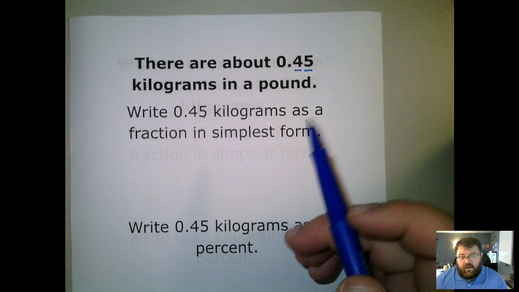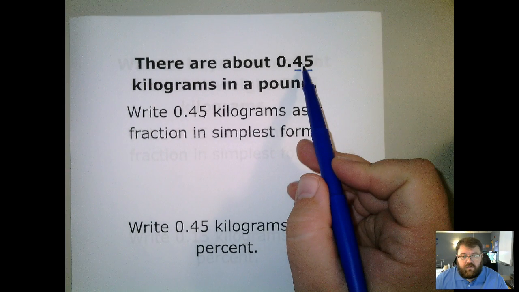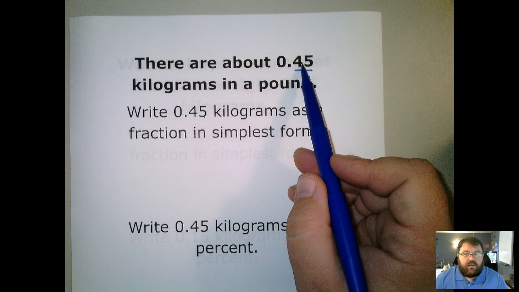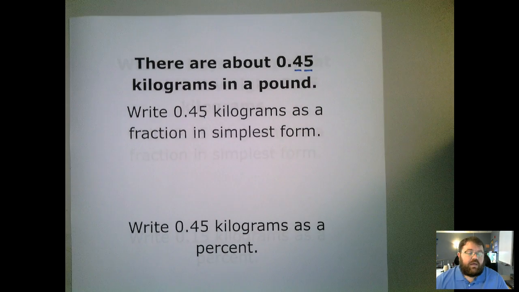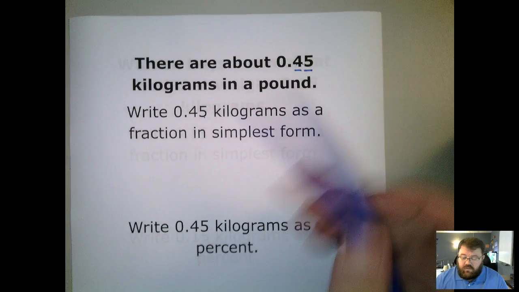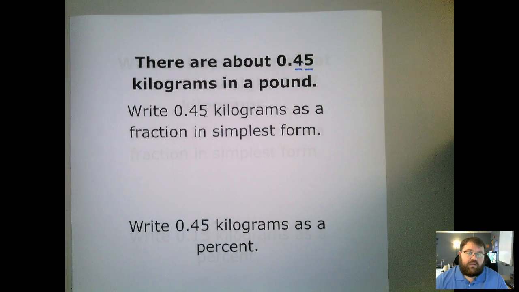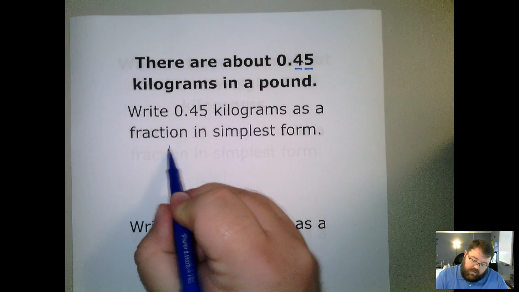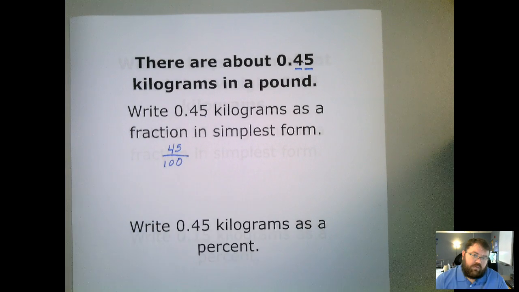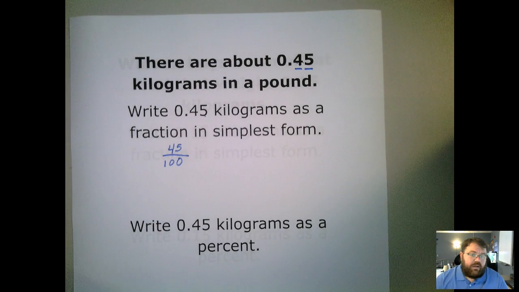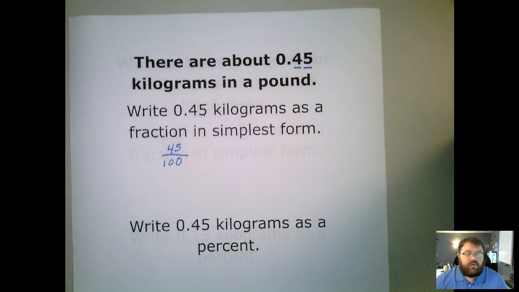How many zeros does a 10 have? It's got 1 zero. Well, I've got 2 numbers to the right of the decimal. How many zeros does 100 have? It's got 2 zeros. I've got 2 numbers to the right of the decimal, so I know that it's 45 over 100. Okay? Now, this is the fraction.